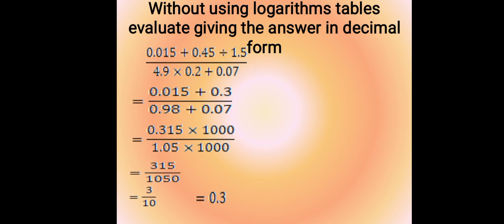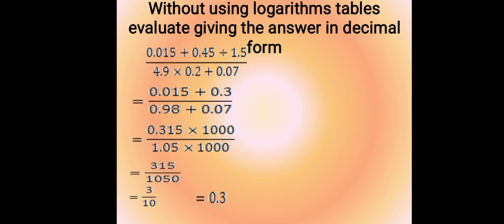Without using logarithm tables, evaluate the answer in decimal form. I have been given 0.015 plus 0.45 divided by 1.5, all over 4.9 multiplied by 0.2, add 0.07.